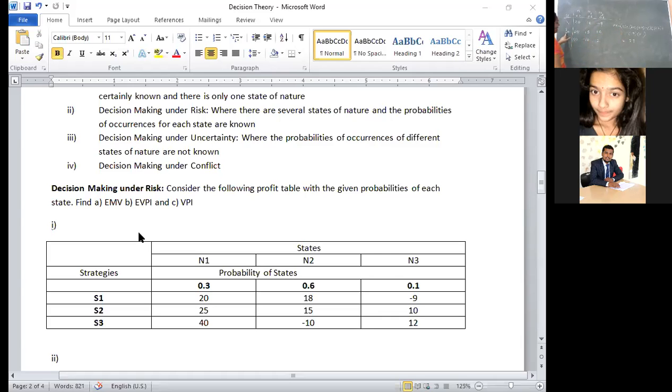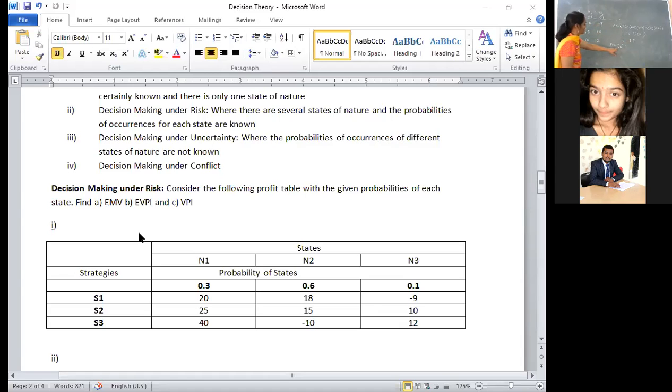Similarly, for strategy S2, expected monetary value for strategy S2. What is the formula? S2N1, that is 25. These values are nothing but payoff values. For S1 and N1, the payoff is 20. For S1 and N2, the payoff is 18. When a negative value is there, it is a loss.